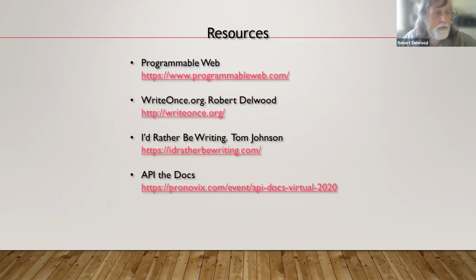There are some outstanding web programming examples out there. I don't want to put my example in that category. Programmable Web, by all means, go to. They have thousands, tens of thousands of APIs. Look through them. Look at the documentation. Again, see what you like, see what you don't like. Tom Johnson's site, I'd Rather Be Writing, is a must-see site.